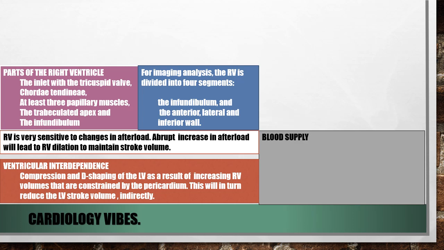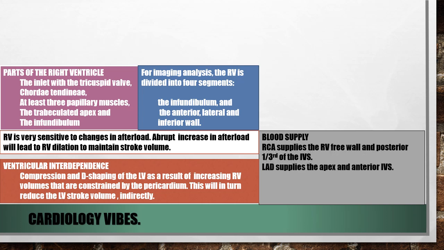A few points about the right ventricular blood supply, because it carries a prognostic as well as etiological significance. The majority of the right ventricle is supplied by the right coronary artery, which supplies the right ventricular free wall and the posterior one-third of the interventricular septum. The left anterior descending artery supplies the apex and the anterior interventricular septum.